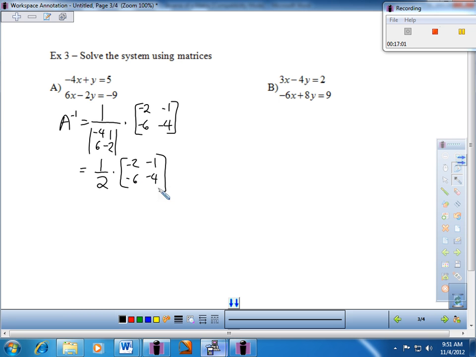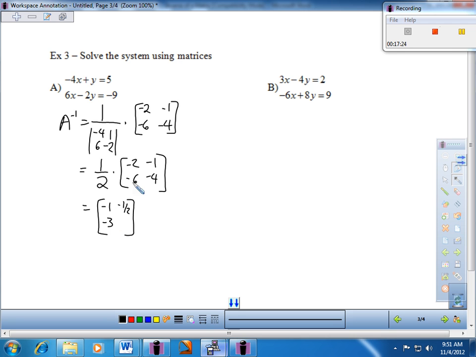So again, 1/2 gets distributed in. The way I've always thought about it is just take each of these 4 numbers and divide by that number down there, divide by the determinant. And so if I do that one at a time for all 4, -2 divided by 2 is -1. -1 divided by 2 is -1/2. -6 divided by 2 is -3.